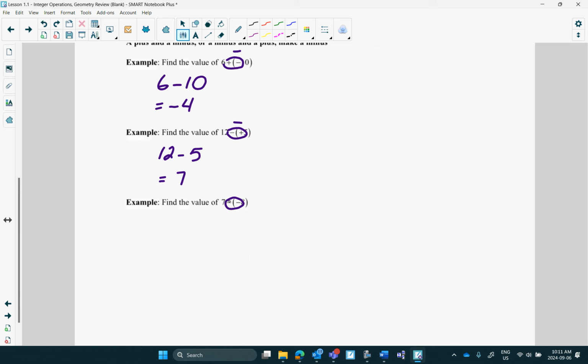So we subtract a negative. Yeah, it becomes plus. So you think of it like you're taking away a bad thing. If you're taking away a bad thing, that's good. So 7 plus 8. And that gives us 15.